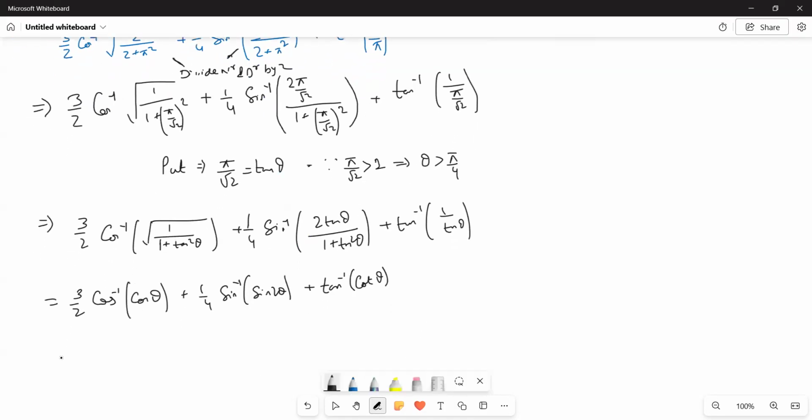What happens to cos inverse of cos theta? So this will give 3/2 theta plus 1/4.